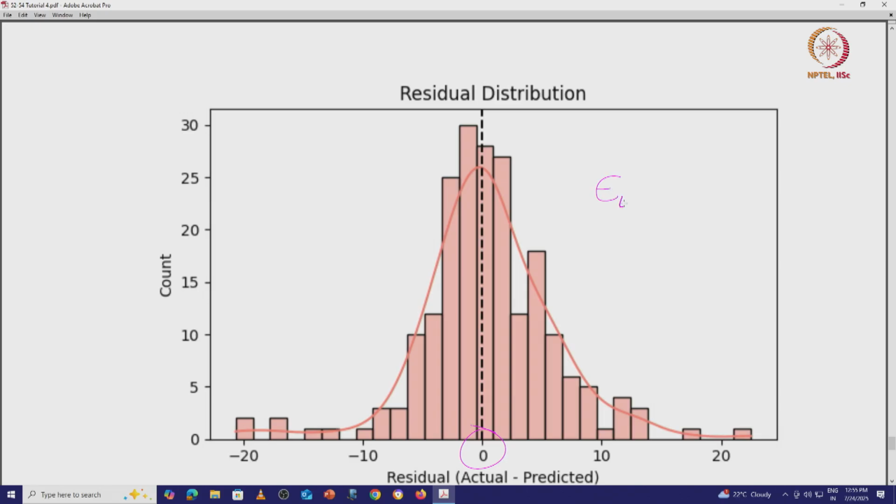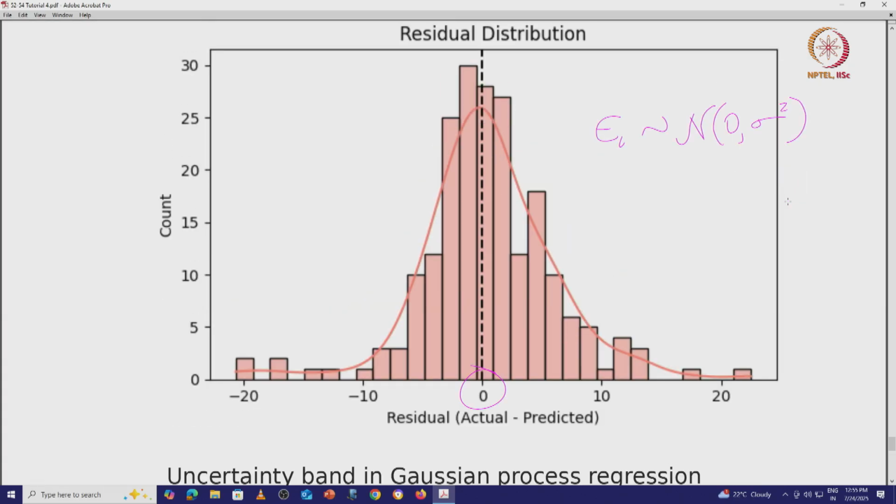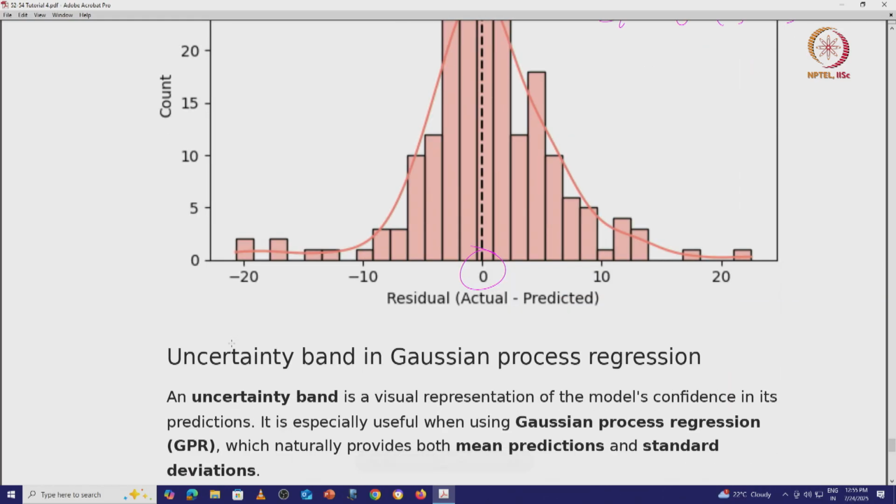Typically we are assuming that the errors are following a normal distribution with mean 0 and variance sigma square, where sigma is an estimate of the irreducible error. So, this is actually proof that the errors that we are making, they are following a Gaussian distribution, right. So, that is a nice thing to see, and you can see how far the errors can go, right, in terms of the numbers.